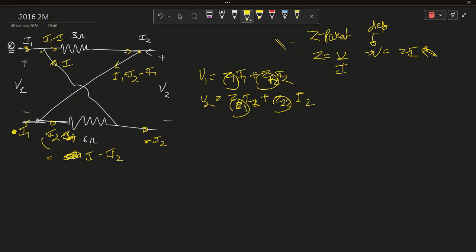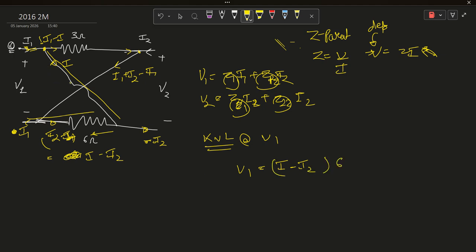Now write the KVL equations for V1 and V2. For the node at V1, first see this path. Following this path, V1 equals I times 6 ohm with current I minus I2, so 6(I minus I2).